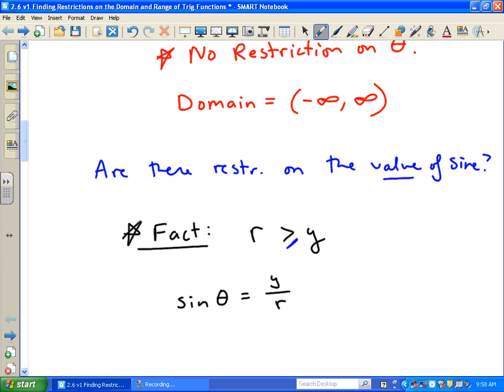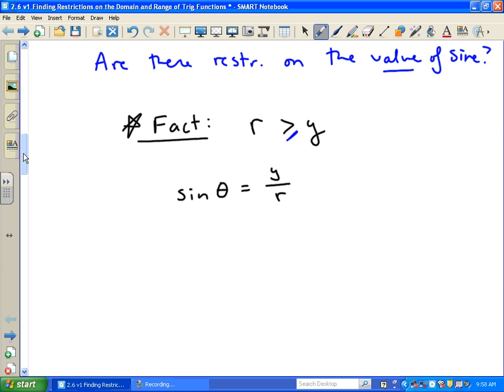Think about for just a second this situation. Let's say that I have an angle whose terminal side falls along the positive y-axis. In that case, I could, for example, say that r was equal to 1, label a point here as (0, 1), and you see that the r value is 1 and the y value is 1. In that case, this ratio would actually equal 1.